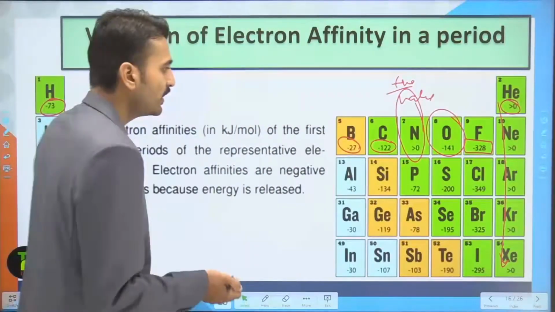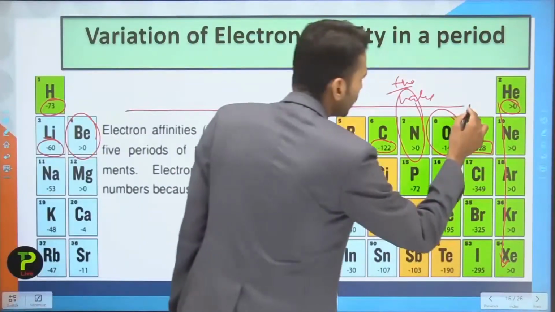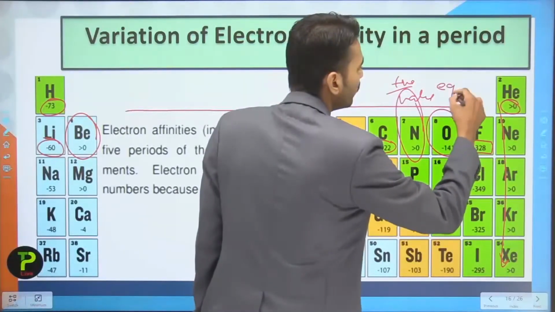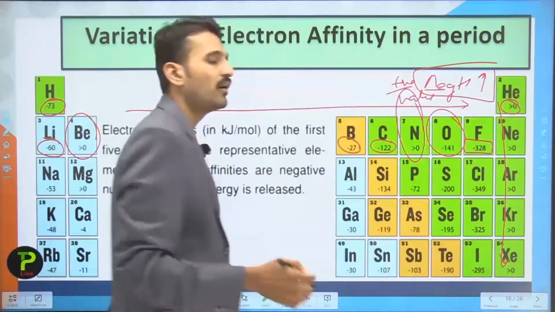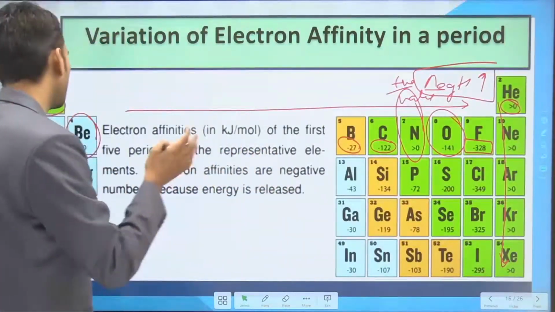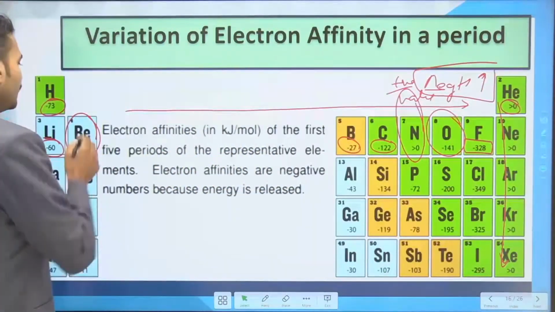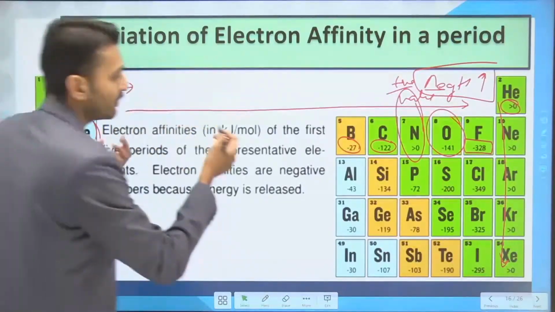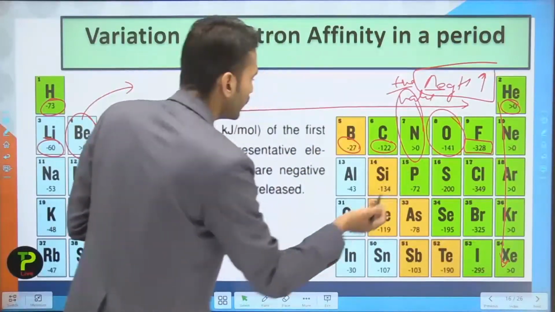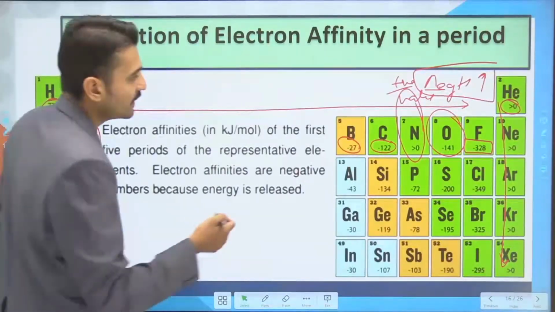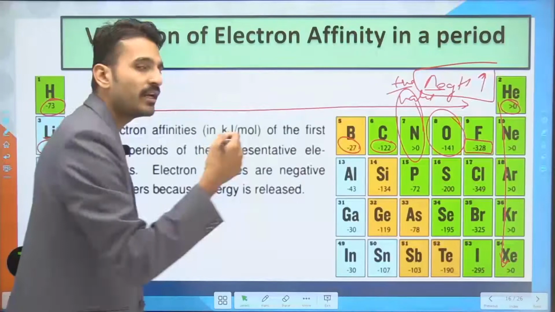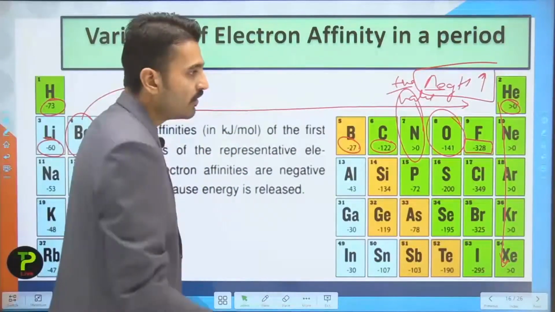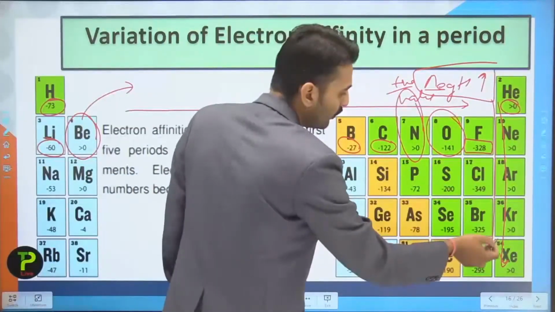So as we move across a period, the electron gain enthalpy is increasing, but it is not a regular trend, as it has some exceptions, just like beryllium and nitrogen. Apart from these exceptions, for lithium, carbon, oxygen and fluorine, the electron gain enthalpy keeps on increasing.